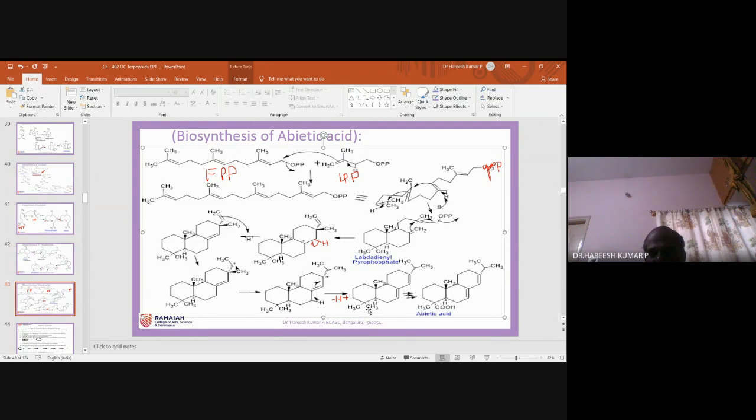Only this carbon should get converted into carboxylic acid. This maybe involves carboxylation. I think you are aware of vitamin B12, cyanocobalamin, which may be involved in the conversion of this CH3 group into carboxylic acid. This is how abietic acid is synthesized in biological systems.